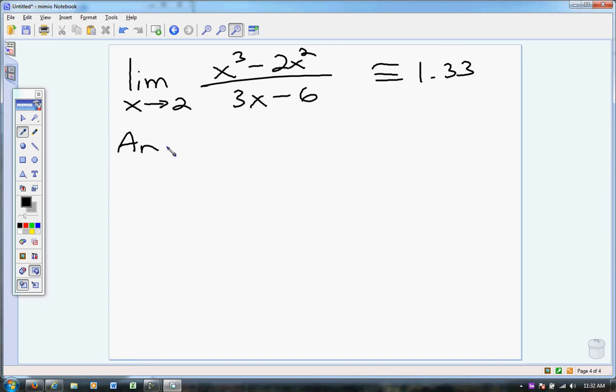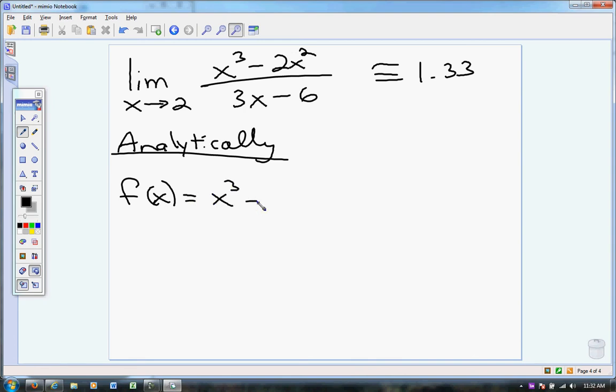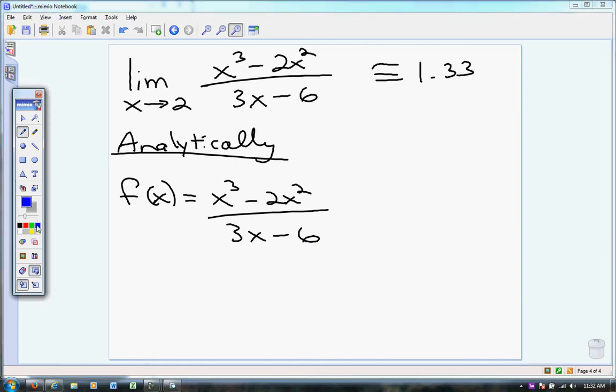Let's do that. Let's look at this thing analytically. Let's start with my function, x cubed minus 2x squared over 3x minus 6. Now, do you see something I can factor out of the top? An x squared, right?